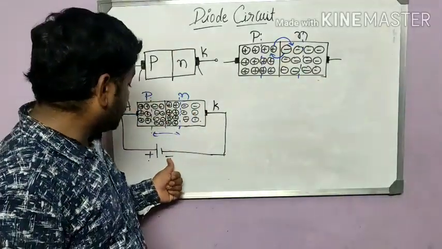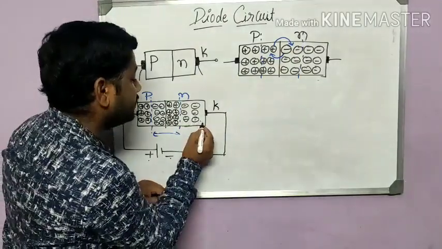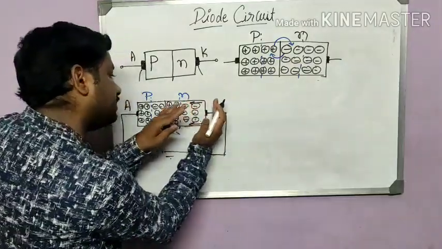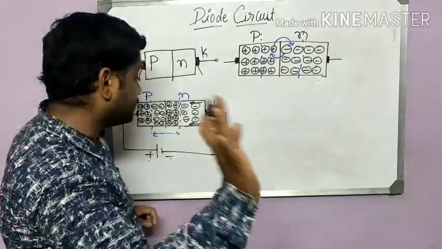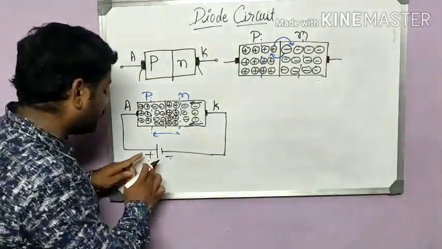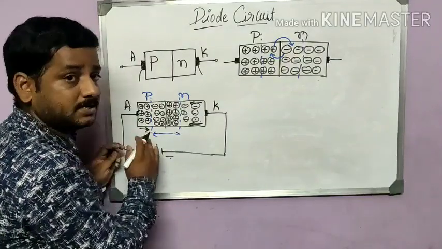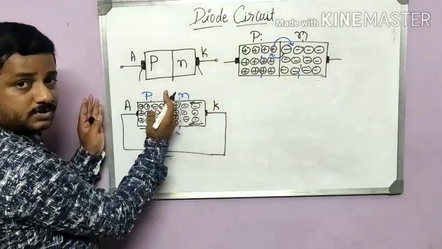When you give the negative terminal to the cathode, here also we have negative, so it will repel. It will push that negative towards this. It is not attracted towards this terminal. Same thing happens with this. Positive is given for the positive charge holes, so these are also going to be repelled. It is just pushing this. Here electrons are moving towards this direction.